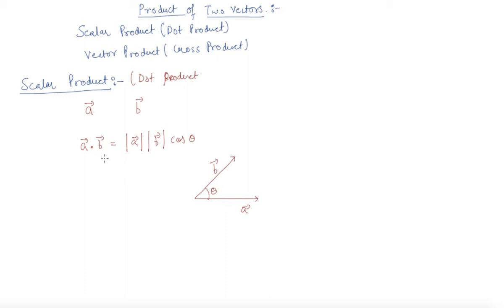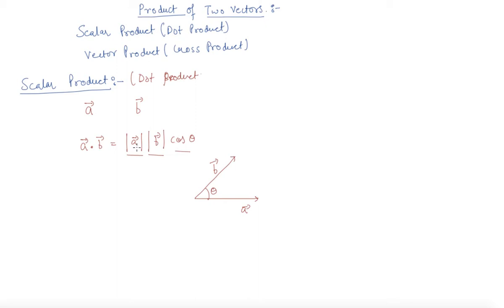The scalar product is given by magnitude of A into magnitude of B into cosine theta. Why is it called a scalar product? Because the result obtained from this product is a scalar quantity, meaning it only gives you the magnitude.